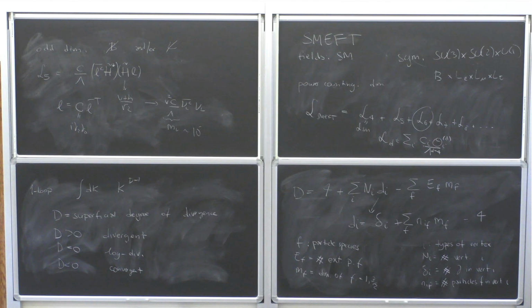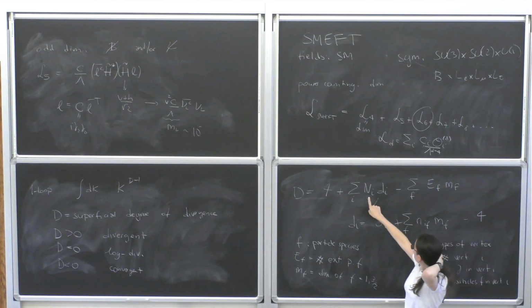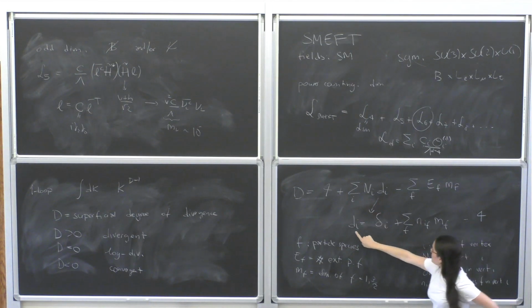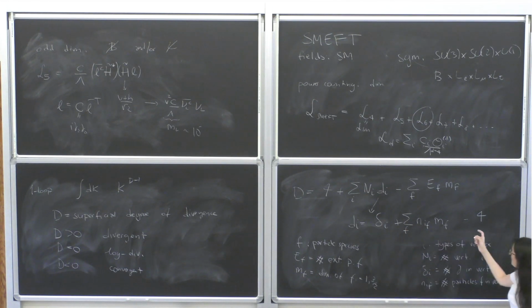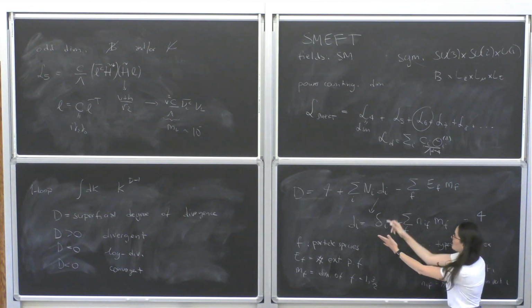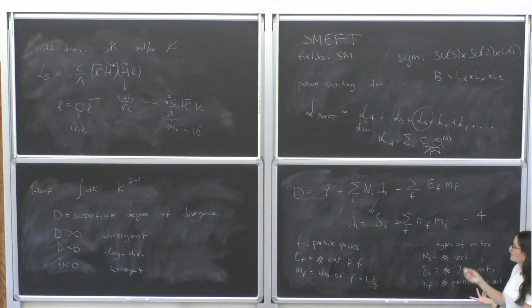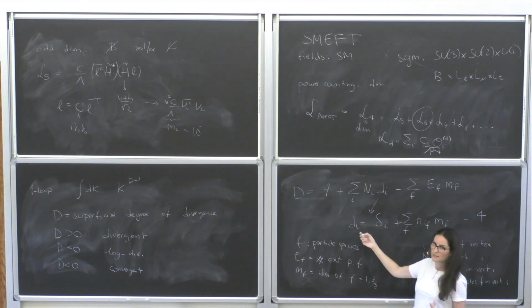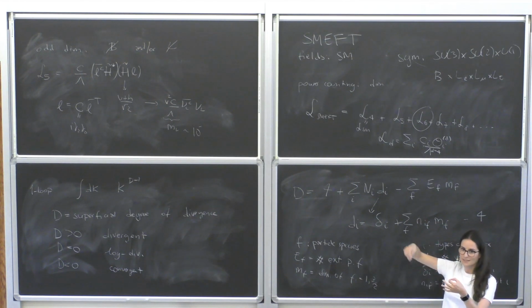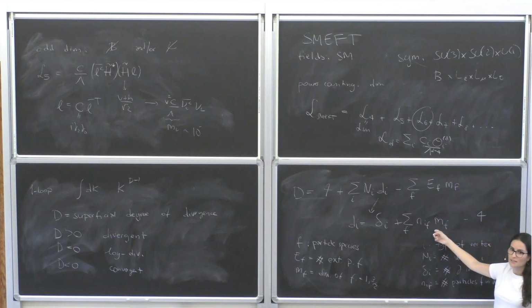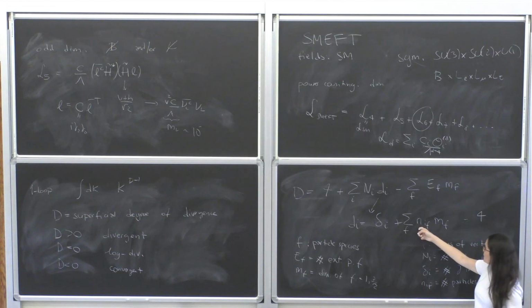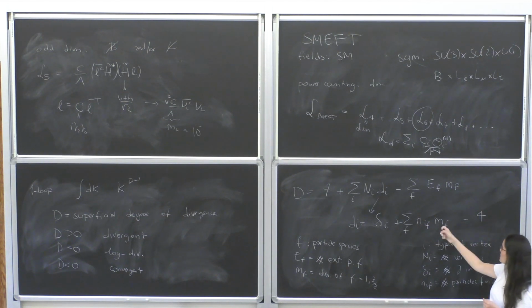So if you do it like this, the way that you're calculating the superficial degree of divergence is that you have a 4. Then here you're summing, so this lowercase d essentially is the dimension of the interaction minus 4. If you have an interaction term, everything that can give you a dimension in the interaction is the fields that it contains. Each of the fields that enter in the vertex has its own dimension.